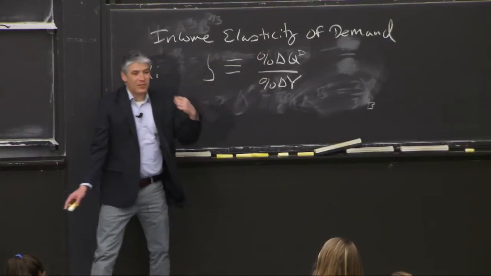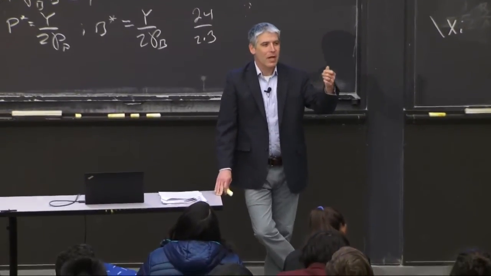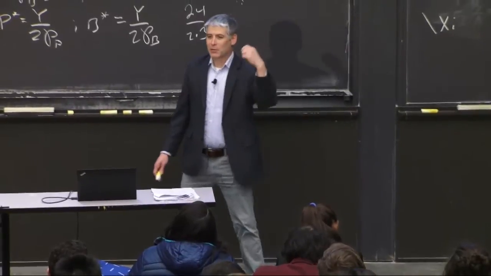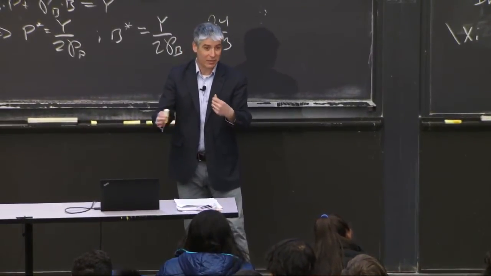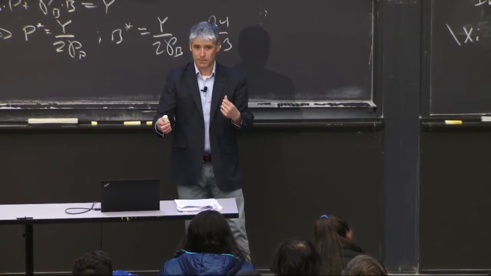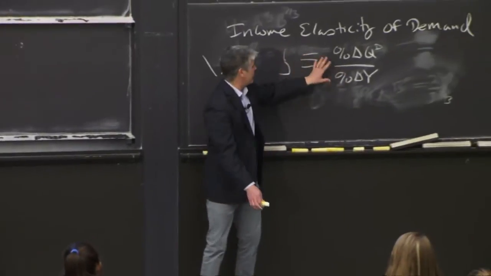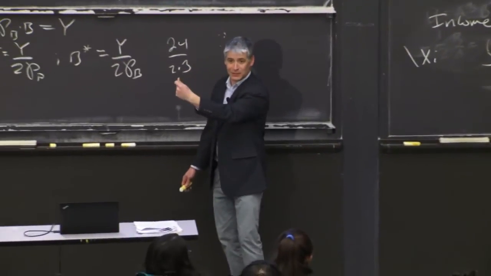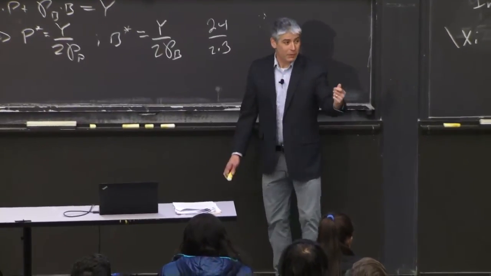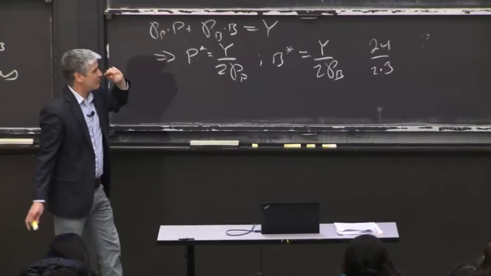So elasticities, you remember from the elasticity of demand way back when, are how the quantity changes in response to prices. And we said this thing is closely related, but not the same thing as the slope of the demand curve. Very similarly, the income elasticity of demand is closely related to the slope of the Engel curve, but not exactly the same thing.